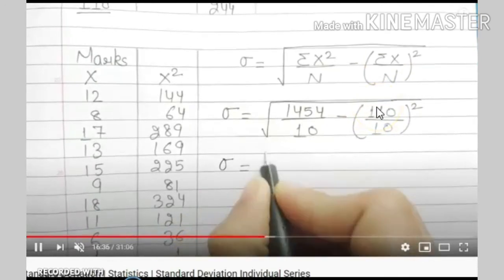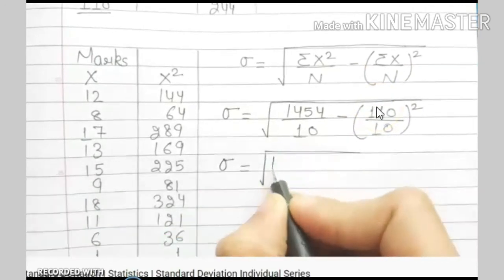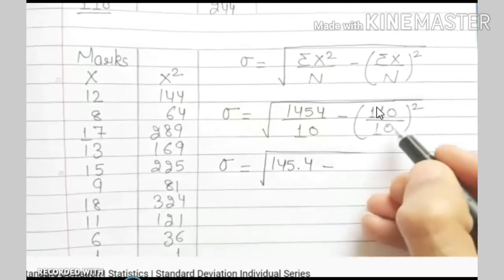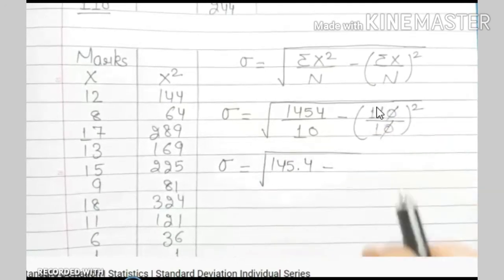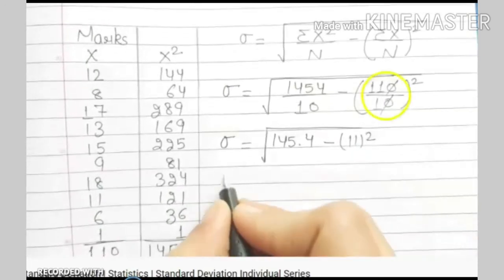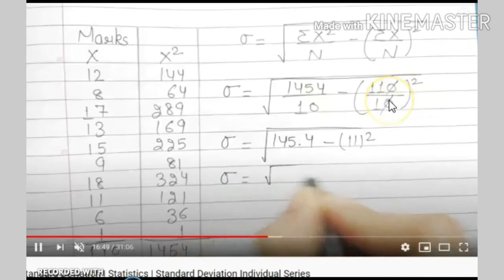So it will be root of 1454 by 10, which is 145.4, minus the 11 square. You cancel this, then 11 square.